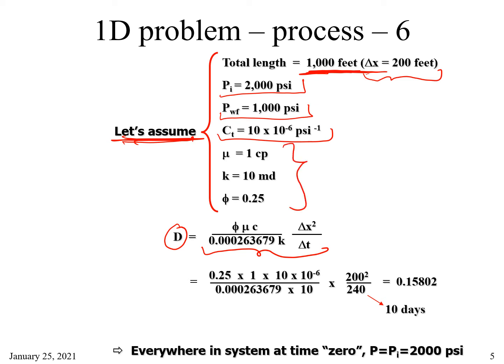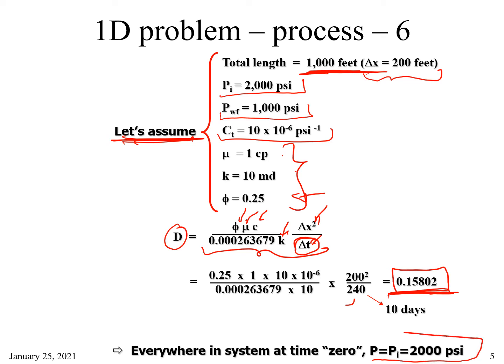And these are the viscosity, permeability, and porosity respectively. So just plug in those values here, and this is what you get. Of course, delta T has to be in hours in the form we had written out this equation. So this is what you get for D. So in place of D in the system of equations, use 0.158.